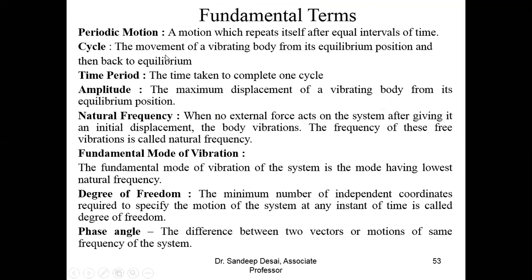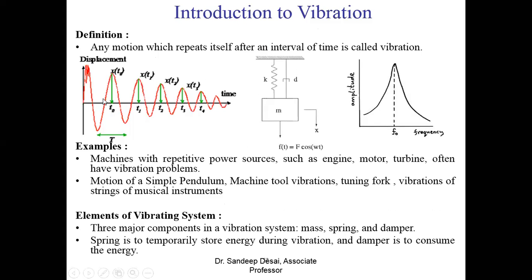You can see, periodic motion is motion which repeats itself after equal interval of time. I told you earlier. Cycle: movement of vibrating body from its equilibrium position and then back to equilibrium. So this is a cycle. The cycle starts from here, half cycle is completed here, again it comes back to its equilibrium position.